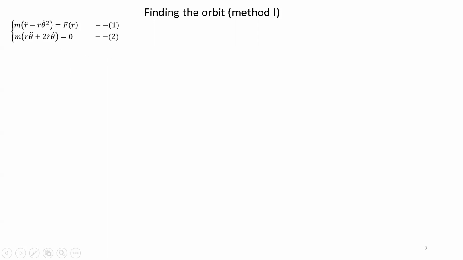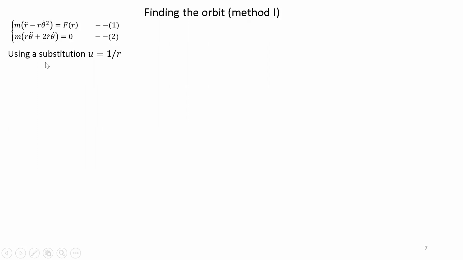So we are going to do a substitution, which is u equals 1/r. Right. The strategy is that we want to somehow simplify this differential equation. So you can see that if I just start from here, they are rather complicated, right? Because the variable r and the variable theta are coupled together, right?